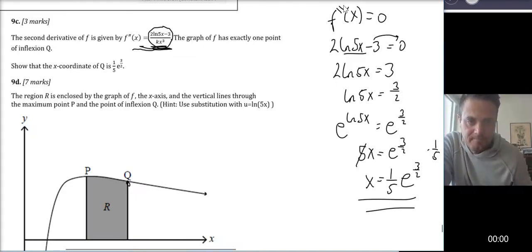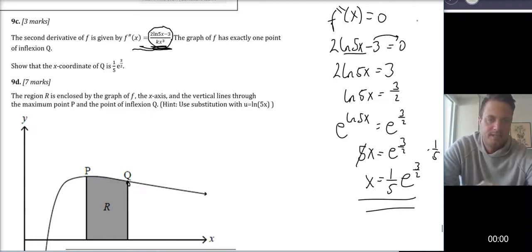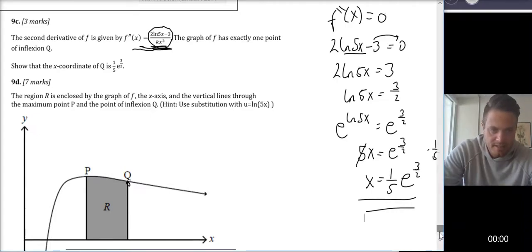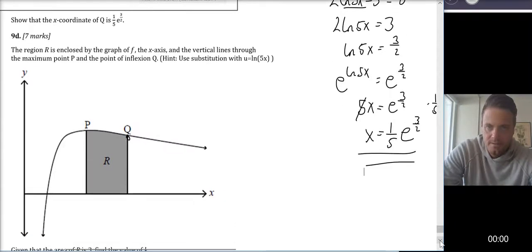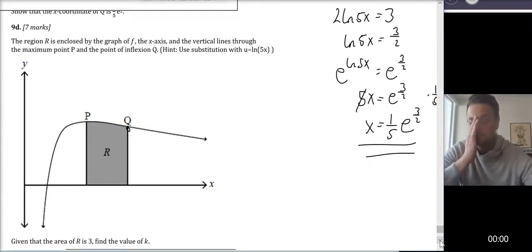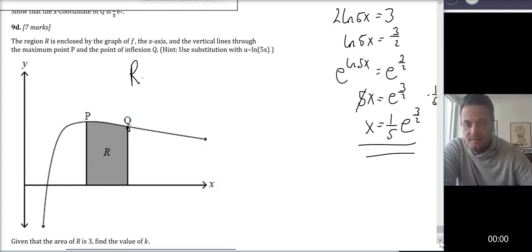So that's fine. Then we have done this, and then exercise 9D, we should find an area here. The area R is then equal to the definite integral of this function. This is f of x, right? From a to b.